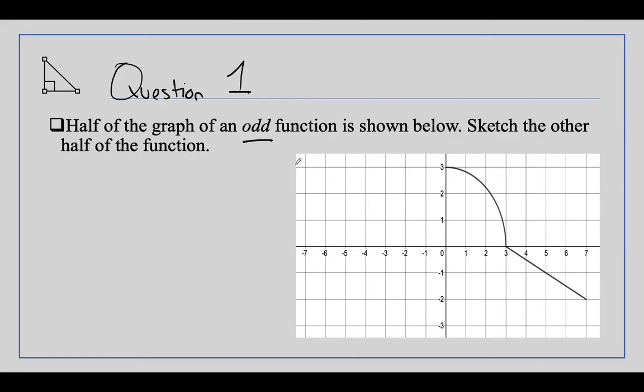Okay, cool. Well, we have a couple ways we could do this. We could look at each value and plot it according to what, if it is indeed an odd function, it would produce. Or we could draw a line and try to reflect it over that in our head. So I guess let's go ahead and try and do that.